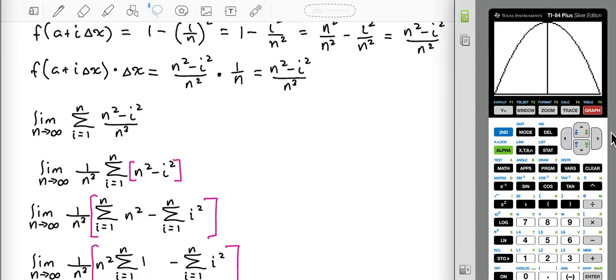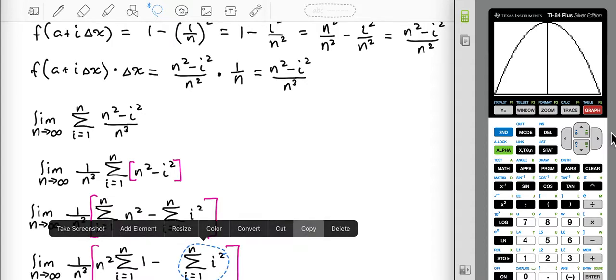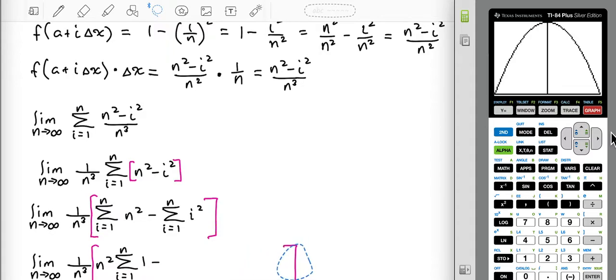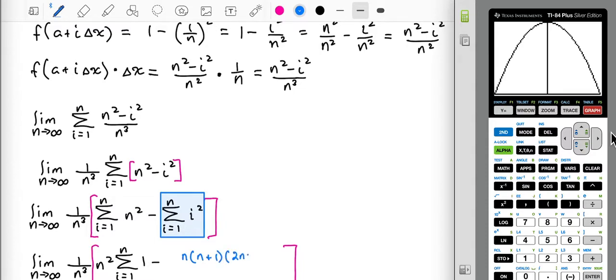But the other piece, that's actually a rule. So this piece right here, I can actually replace with n times n plus 1 times 2n plus 1 over 6.